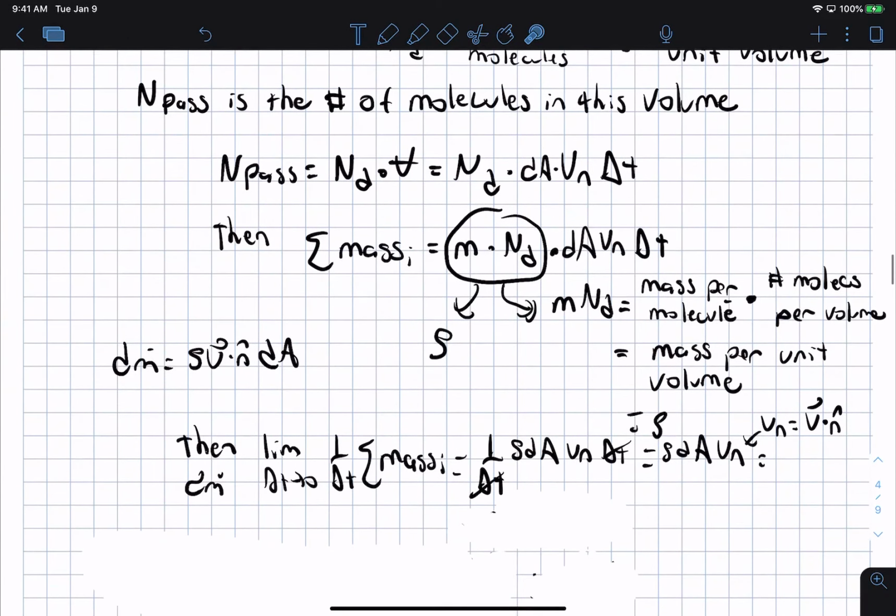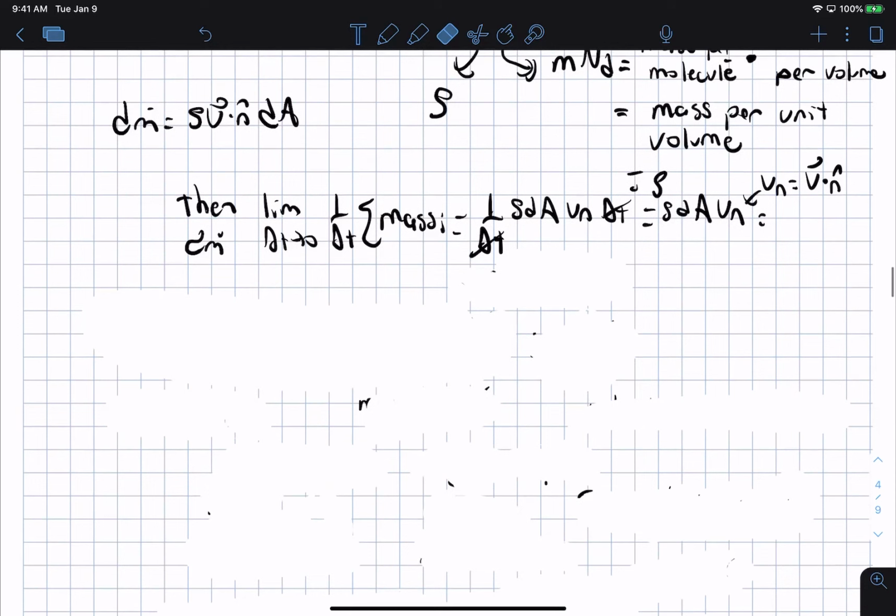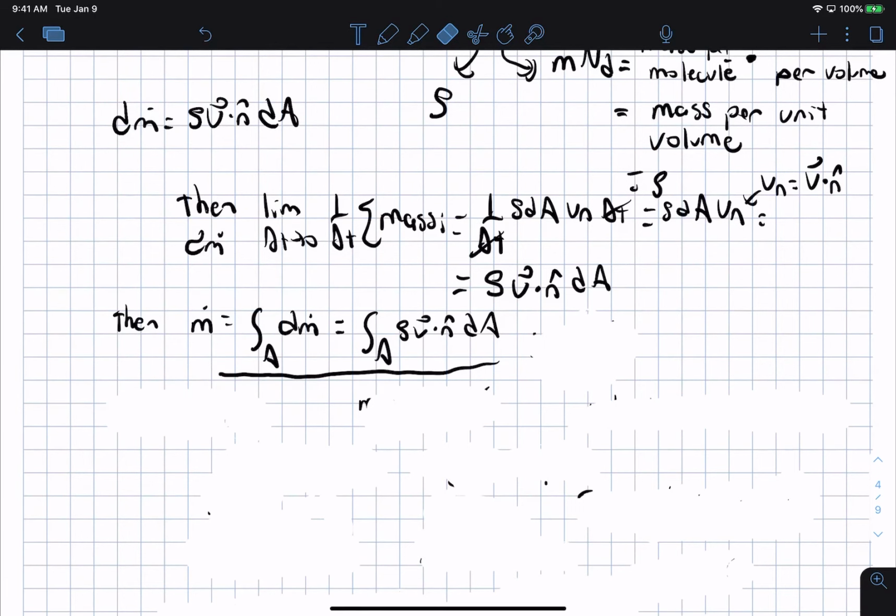Okay, so it is a very hand-wavy argument, but it does work. Then this expression here is just equal to rho v dot n hat dA, and again m dot is just the area integral of that, and so that's basically what we have here.